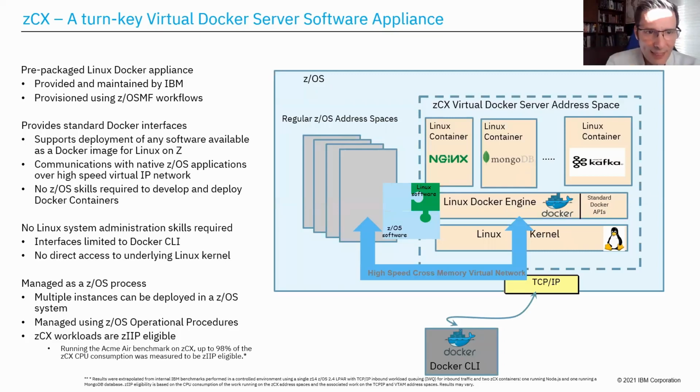The first thing we need to understand is that it's a turnkey solution. IBM has prepackaged a number of items inside of a ZCX server that enable you to get up and running right away. You don't have to procure your own Linux kernel or your own Docker engine or some of the other tooling that's provided inside of ZCX.